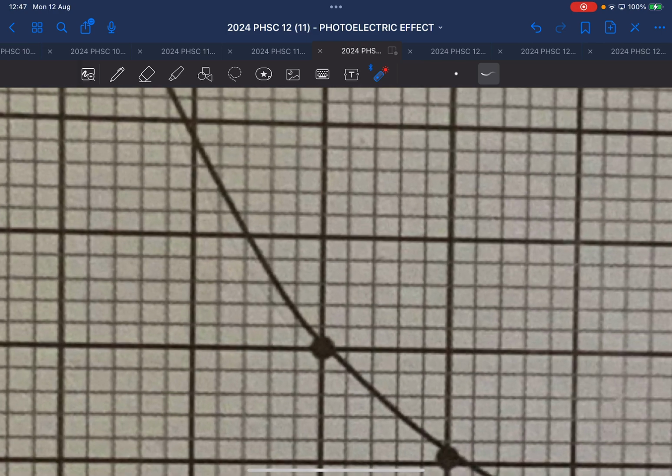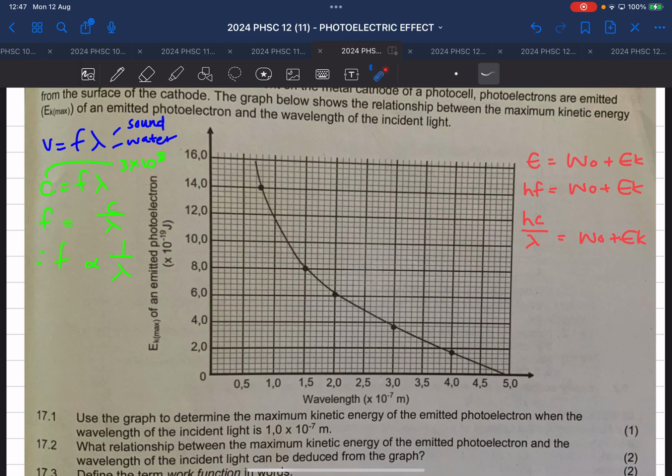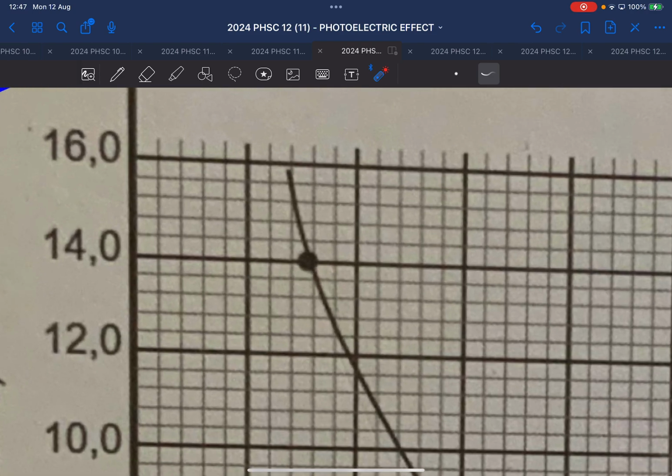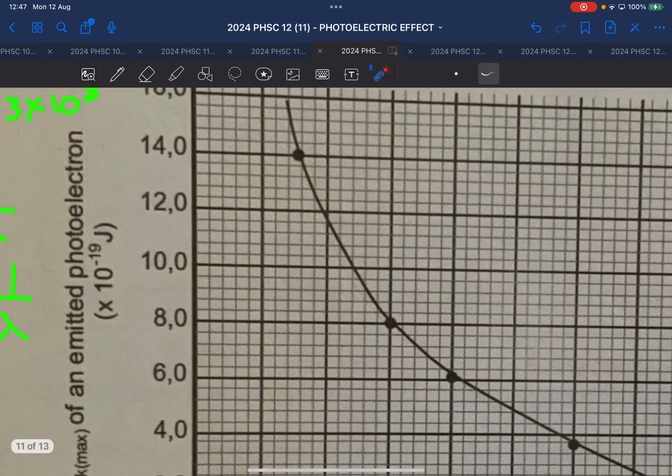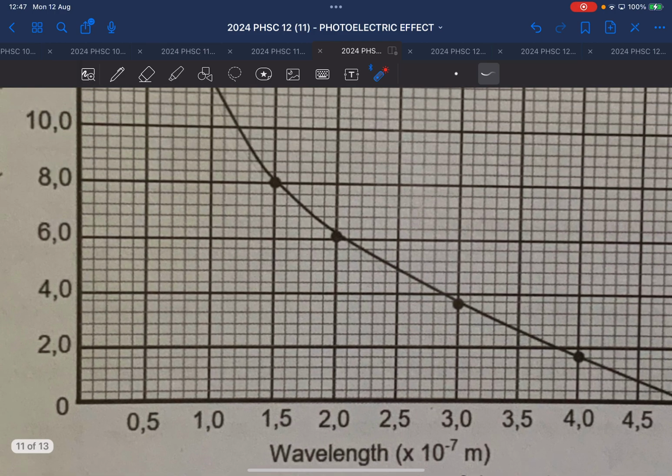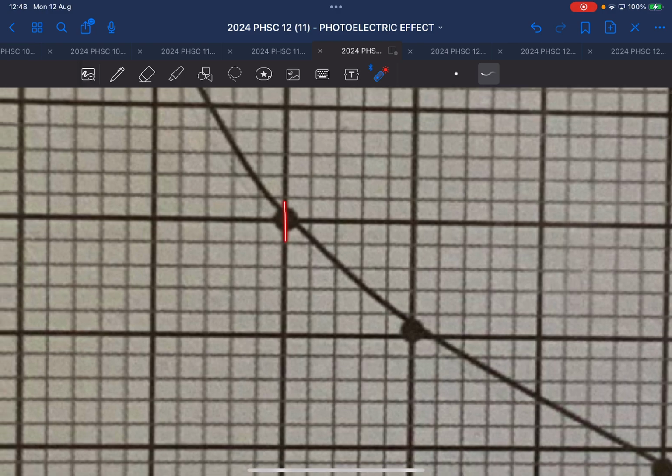Do you see this one? This dot is in between two lines, so you can't choose it. You must look at the graph and get a dot that is exactly on the line. And 1.5. Yeah, I'll say 1.5. It's close.